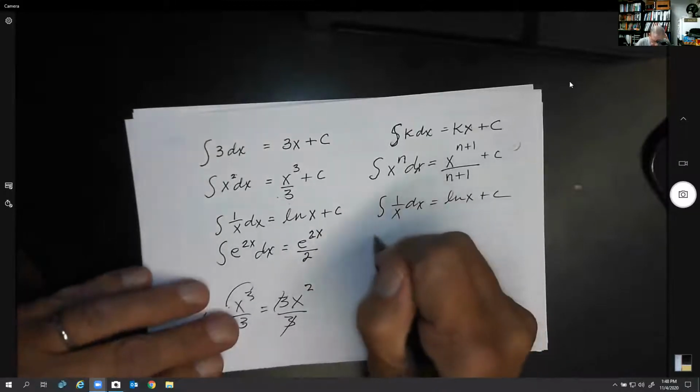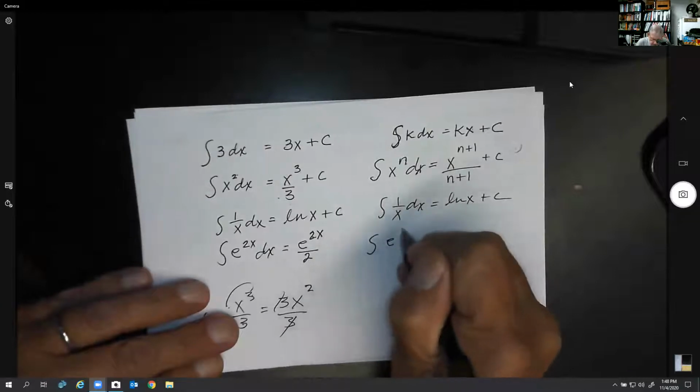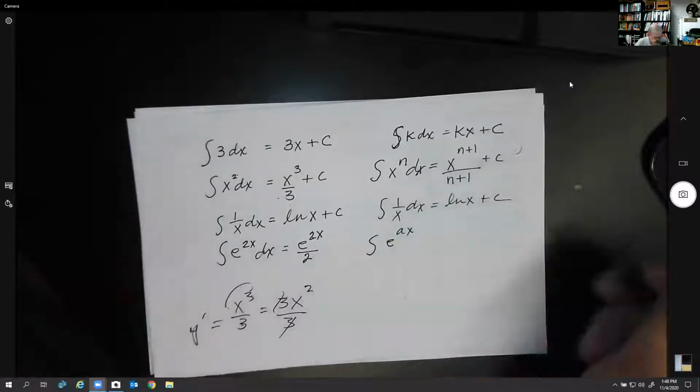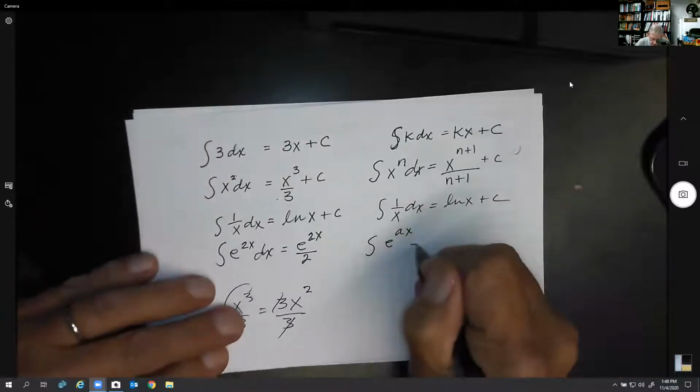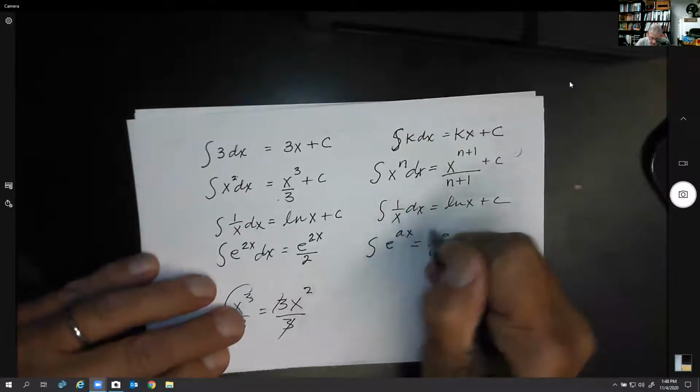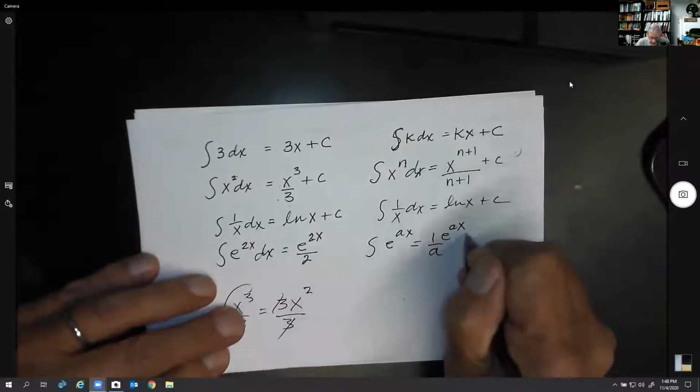The integral of e to the ax, where a stands for a number in front of x, we could have even said n, is equal to 1 over a times e to the ax, plus c.